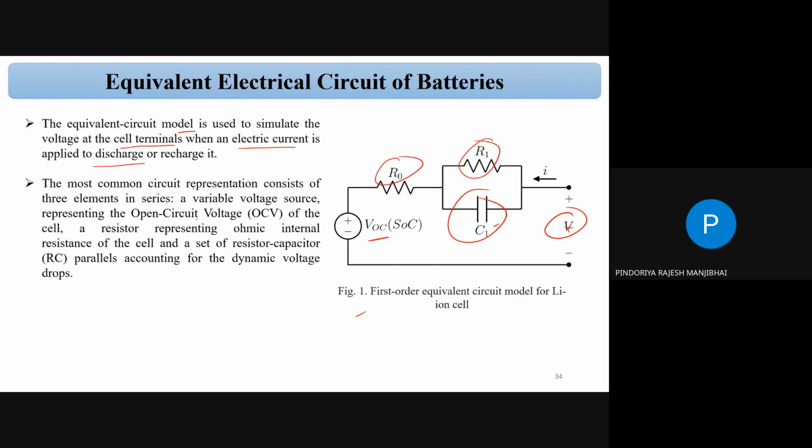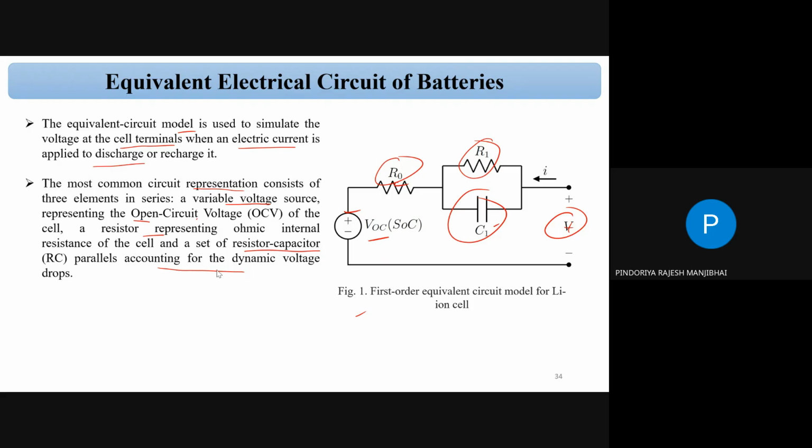The most common representation consists of three elements in series. First, a variable voltage, which represents the open circuit voltage. Second is a resistor, R0, the internal resistor. And third is a parallel combination of a resistor and capacitor accounting for the dynamic voltage drop.